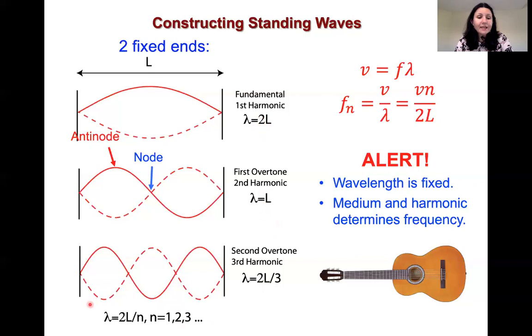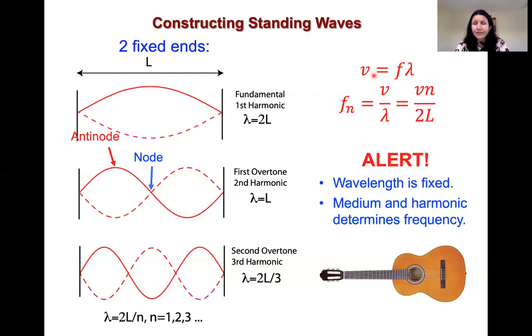So you can write the wavelength for any harmonic this way: 2L over n, where n is any positive integer starting with 1, which gives you the fundamental harmonic. So having now all the possible wavelengths you can fit, we can figure out all the possible frequencies we can have, because we know the relationship between wavelength and frequency.